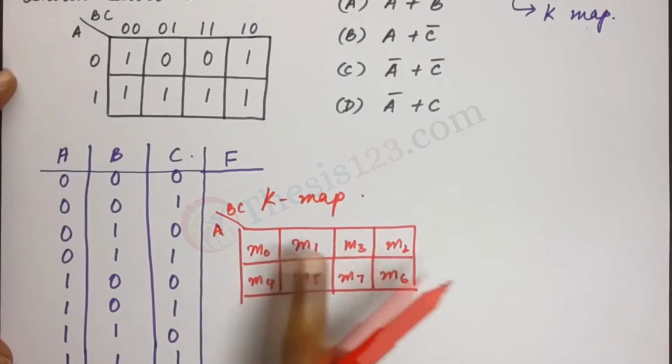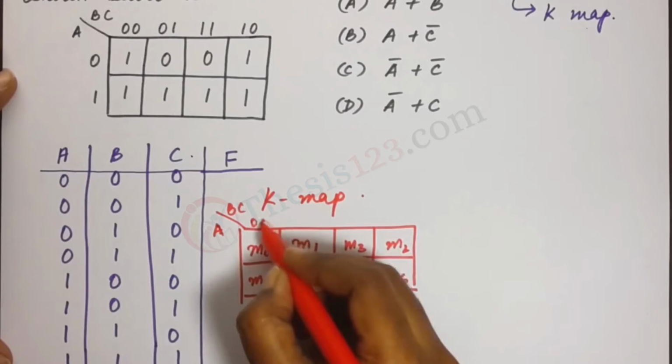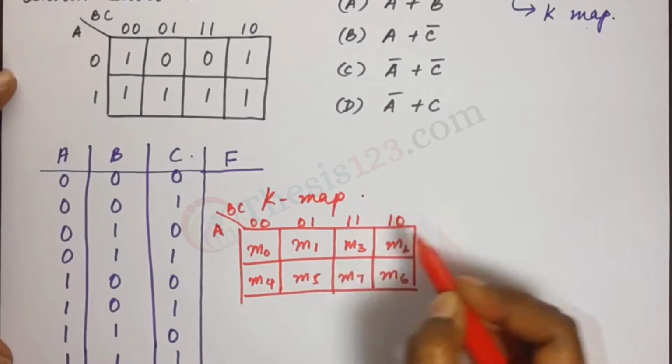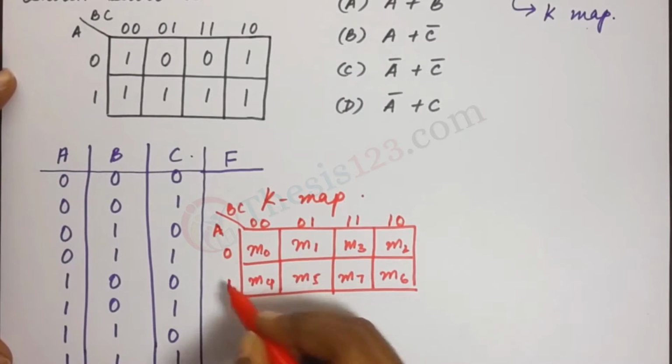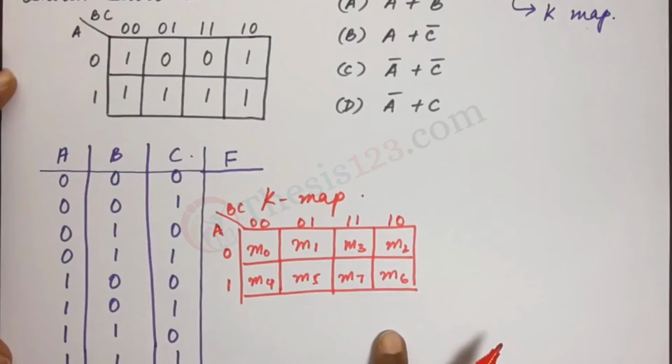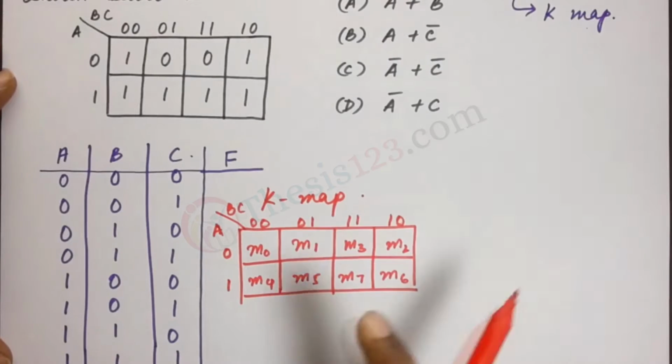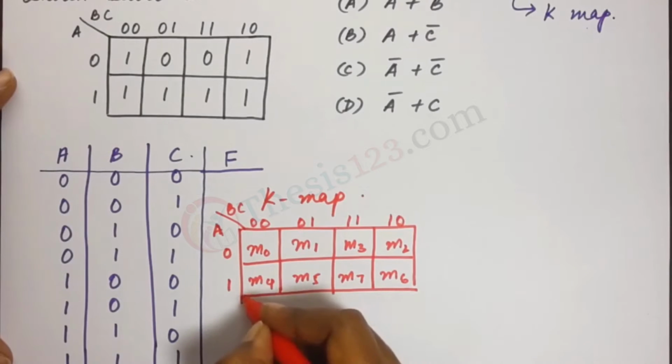The value for each of these cells are 0, 0, 0, 1, 1, 1, 1, 0, 0 and 1. Let me quickly give you a rundown of how this K-map actually has these values.